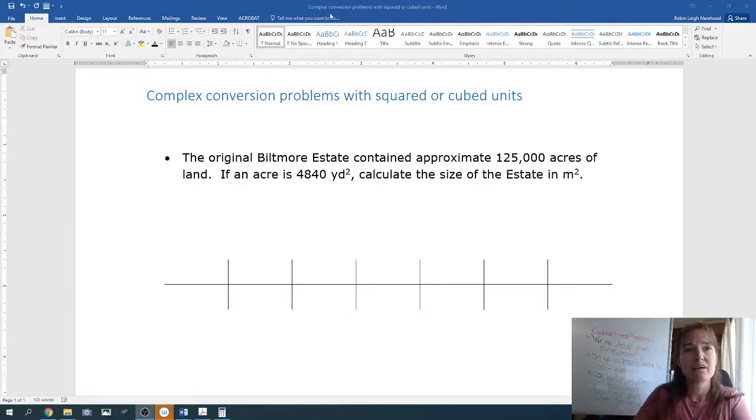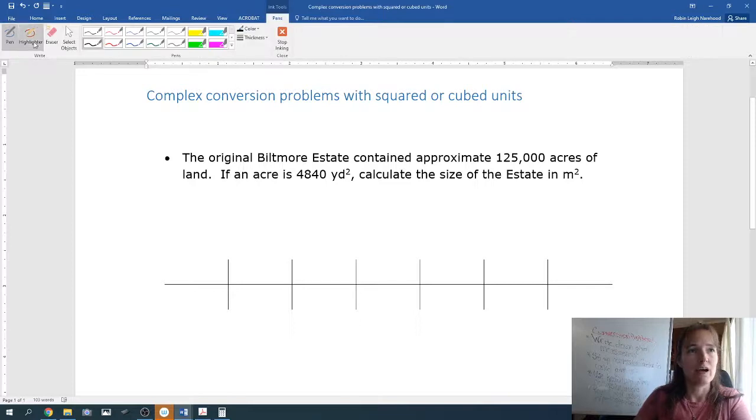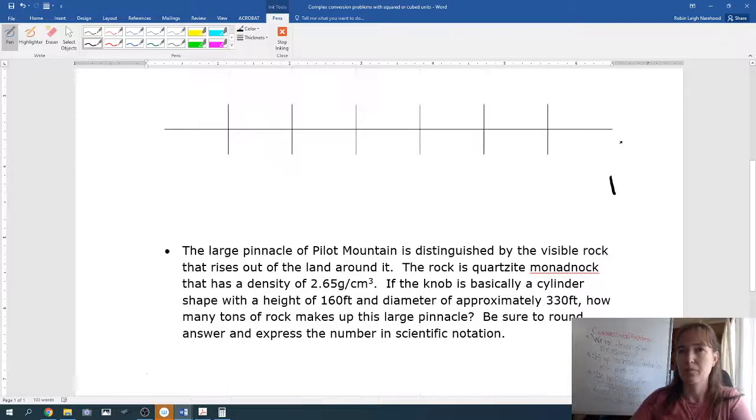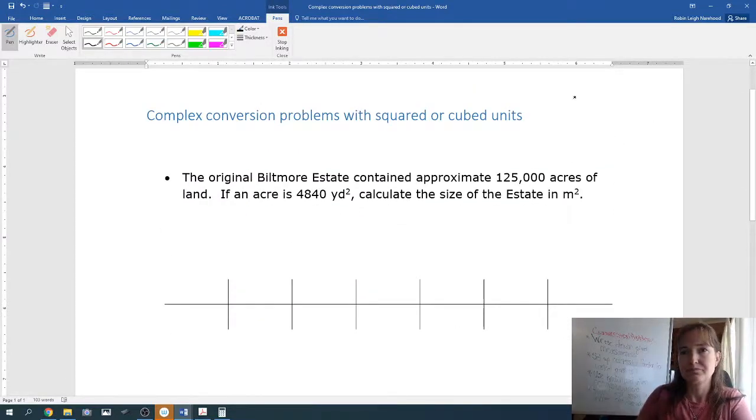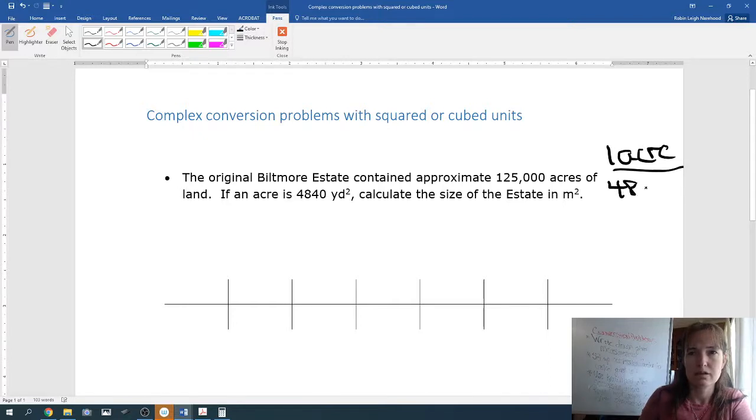I want to take this information and rewrite it so that we don't consider the 4840 square yards as the measurement that we start with. An acre is 4840 square yards, so what that is saying is that 1 acre is 4840 yards squared.